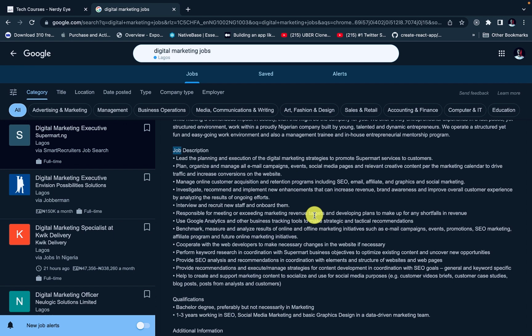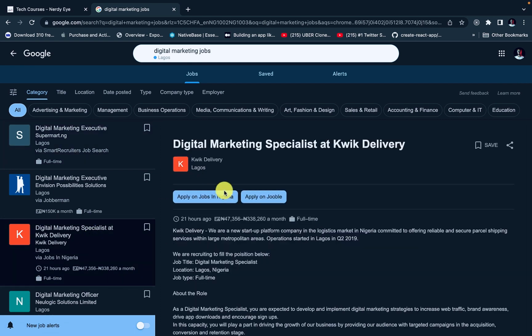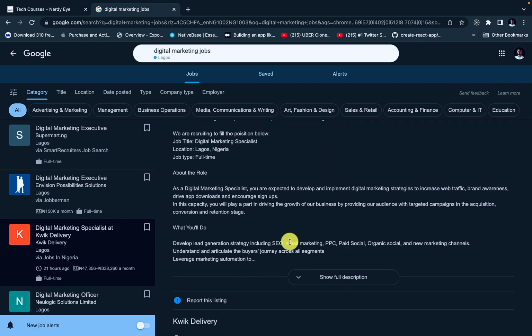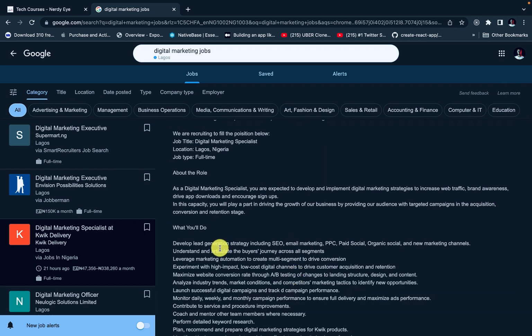Now, in order for us not to base our conclusion on just one particular job, let's take a look at another digital marketing job right here in Lagos as well that is open: digital marketing specialist at Quick Delivery. So let's take a look at some of the things. They said: develop lead generation strategy, including SEO, email marketing, PPC, paid social, organic social, and new marketing channels.